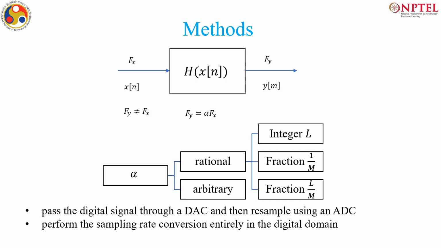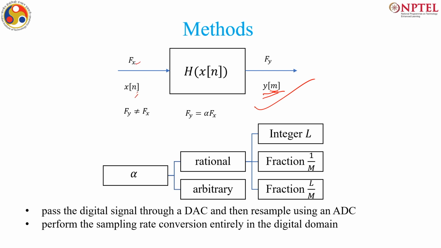Now, let us try to understand the methods of multirate signal processing. To recap, this is our multirate signal processing system, and here you can see that I have written y of m. Some texts write y of n, some write y of m. I have written y of m just to signify that this is not the same index n, which is obtained by sampling the signal at f of x.